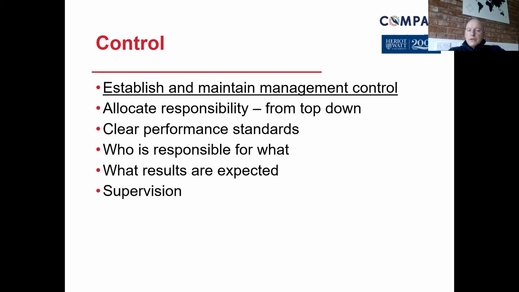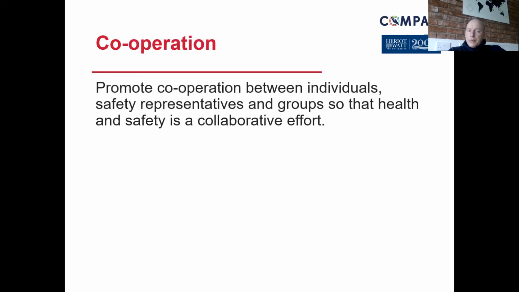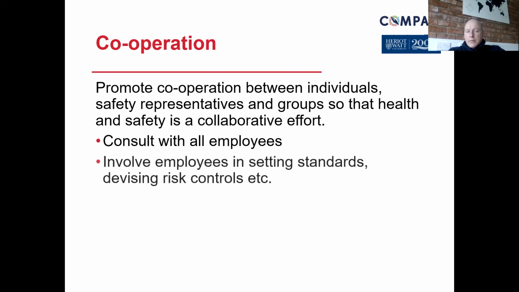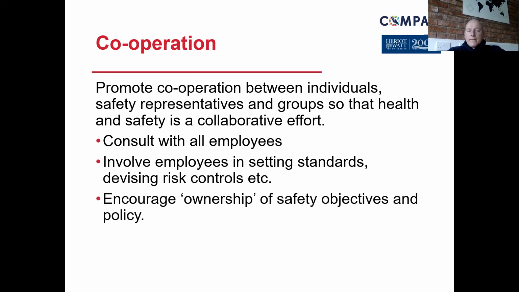Under control, who's responsible for it and how they're going to do it, what standard they're going to perform to. Cooperation, promoting cooperation between individuals and the people who need to engage, whether it's safety reps or champions or groups of people that come together for consultation. So think about the consultation regs or the safety reps regulations and the involvement that's expected to comply with that.